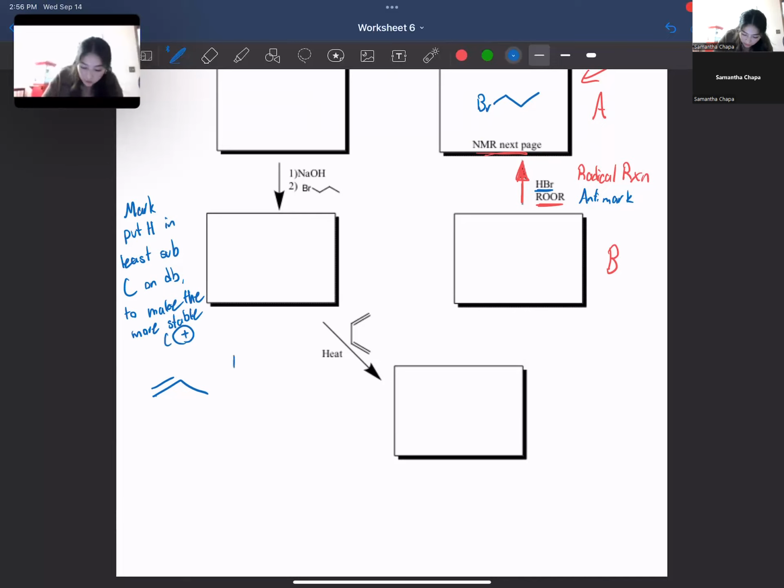And so in a normal HBr reaction without the radical, this follows the Markovnikov rule. This is what it'll look like. This double bond is going to take this hydrogen, break off the bromine, putting the hydrogen in the least substituted position to make a more stable carbocation.